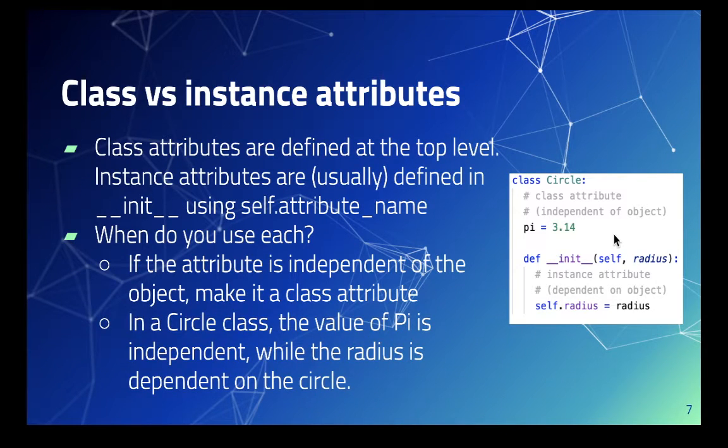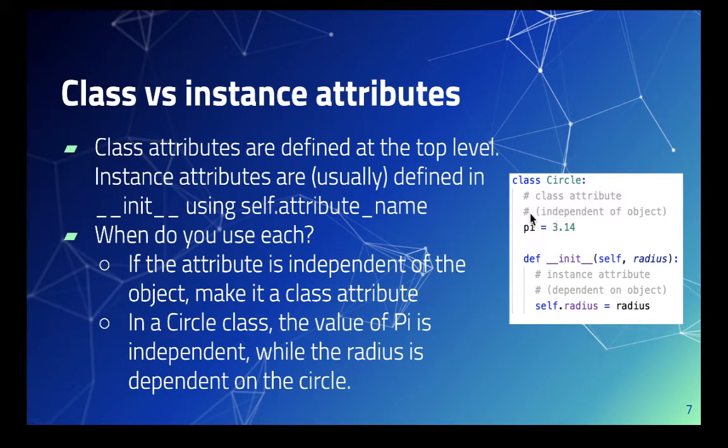And then we talked about class versus instance attributes. A class attribute is usually defined at the class level and basically just has to do with variables associated with the class. So pi equals 3.14 is associated with this circle. And self.radius, on the other hand, because we define it using self dot, refers to an instance attribute. This brings about the question, when would you use which?